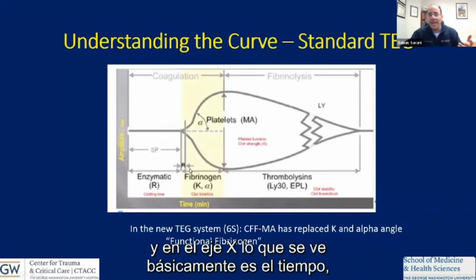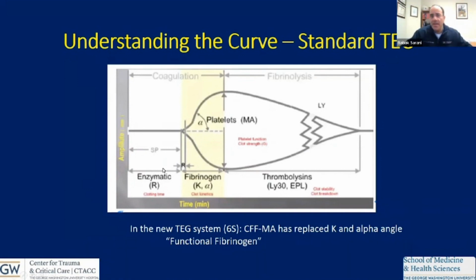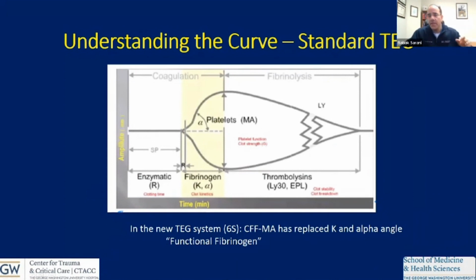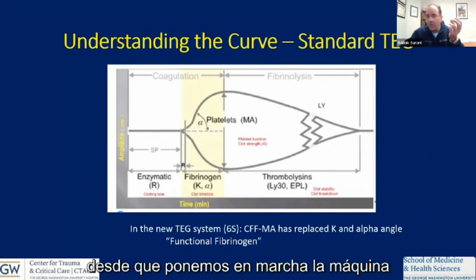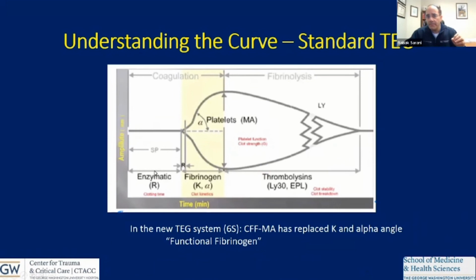And on the x-axis, what you see basically is time. On the y-axis, think of the y-axis as clot strength. Just kind of think of it that way. And we can now look at the different aspects of clot formation. The time it takes from when we first start the machine going to when the very first clot forms is called the R time.